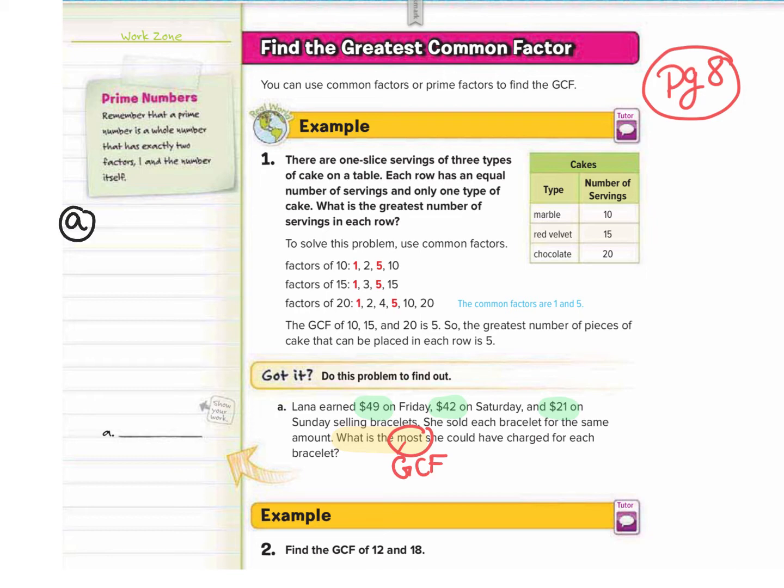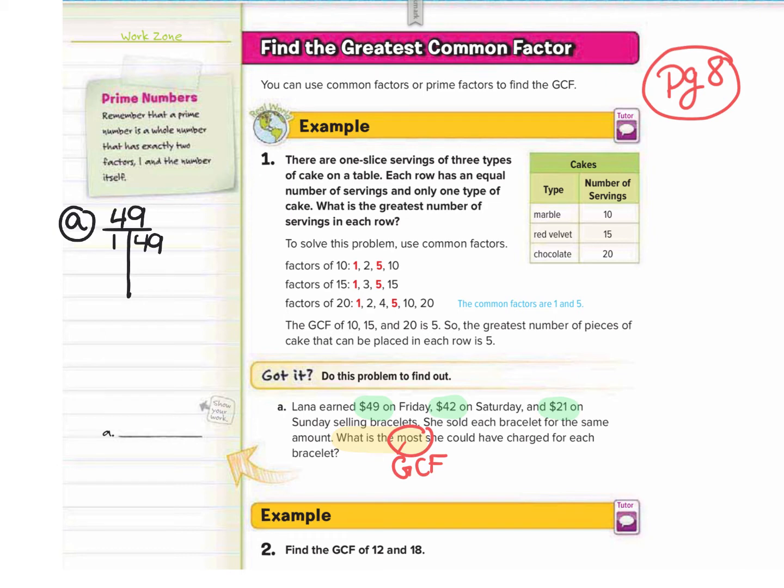So remember, factors are smaller than the number. So when we do factors, we're going to make our T-chart. Remember that the first two factors of any number are 1 and itself. So 1 times 49 is 49. 49 can't be divided by 2. It can't be divided by 3. It can't be divided by 4, 5, or 6.